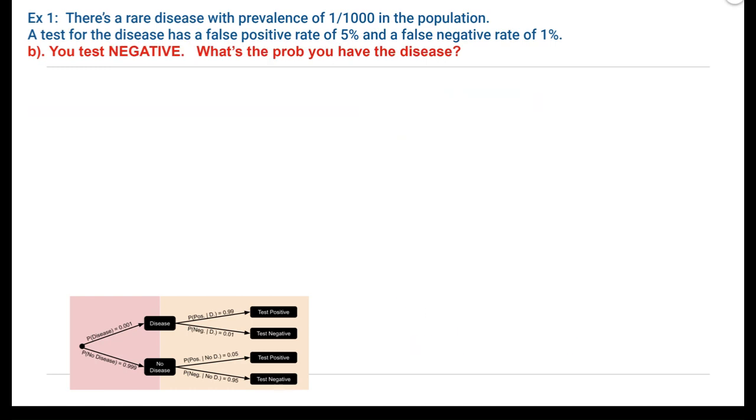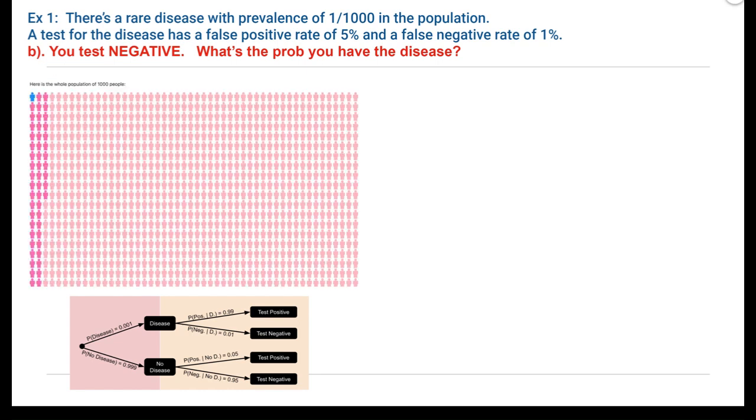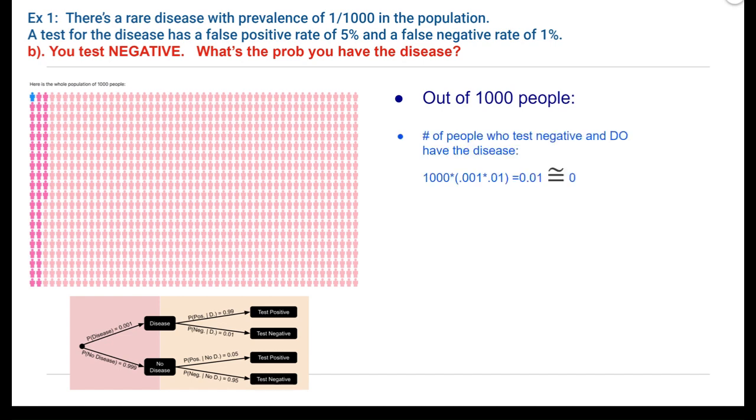Let's look at what happens if you were to test negative. Let's see what's the probability you have the disease given that you test negative. We'll have the same scenario, okay? So again, out of 1,000 people, now we're looking at the number of people who test negative and have the disease. All right, it is such a small number. It's less than 1. It's very small, 0.01.